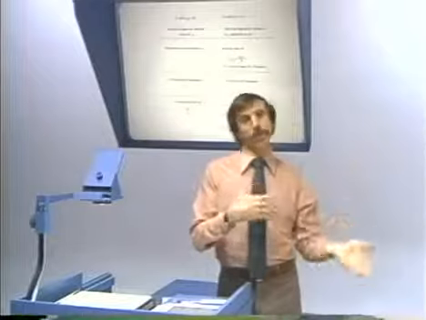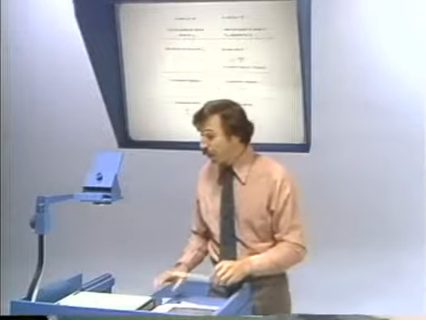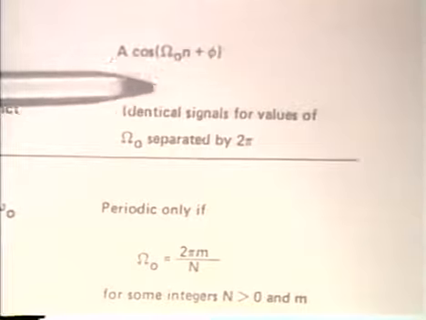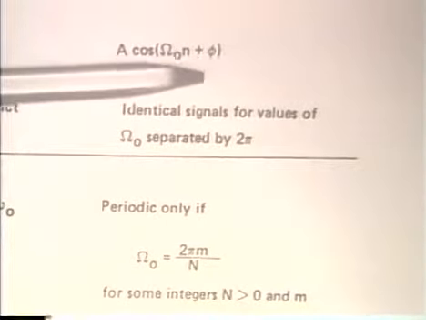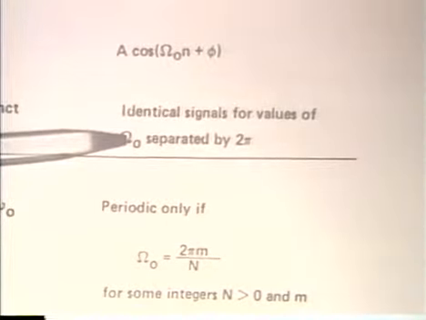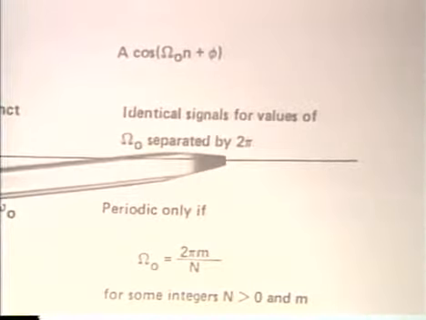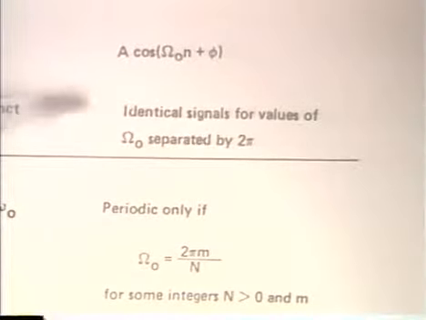And if we let omega 0 vary outside the range of, let's say, minus pi to pi or 0 to 2 pi, we'll see the same sequences all over again, even though at first glance the mathematical expression might look different. So in the discrete time case, this class of signals is identical for values of omega 0 separated by 2 pi, whereas in the continuous time case, that is not true.